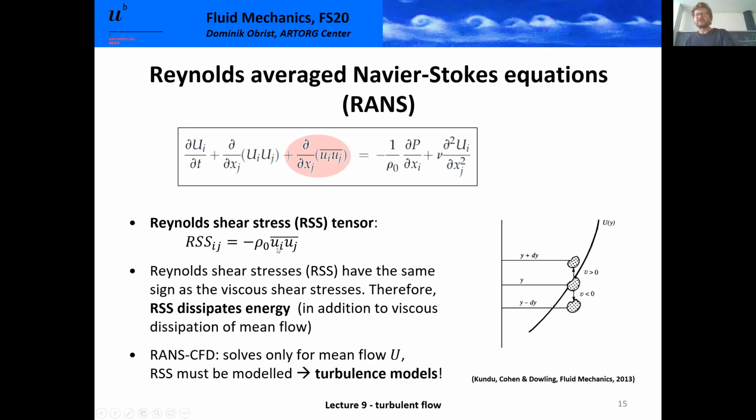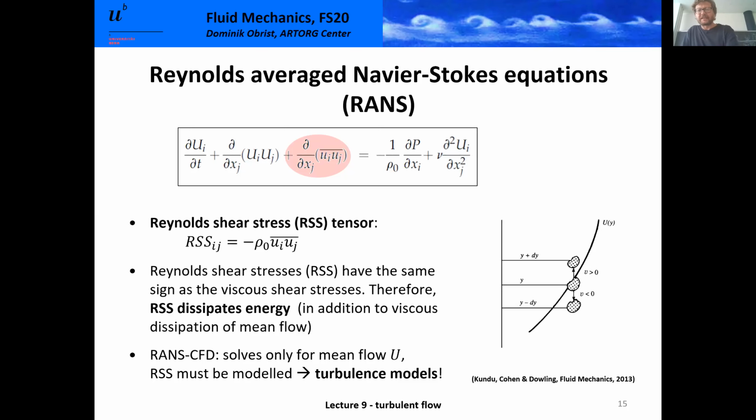This covariance of the fluctuation velocities times rho, and there's a minus sign for historical reasons, is called the Reynolds stress tensor. You can analyze this term, and many people have done this for decades and still are doing this for maybe their whole career. It's very important to understand what this term is, and we still don't understand what it is.